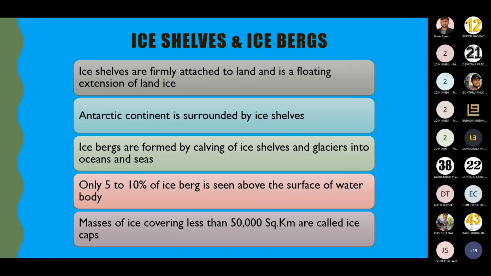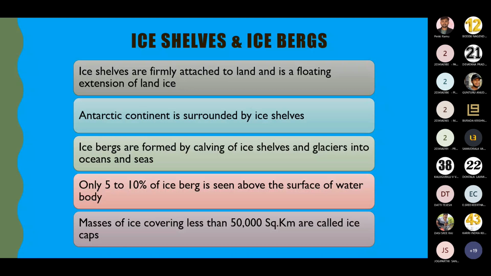So Antarctic continent is surrounded by the ice shelves, and icebergs are formed by calving of ice shelves. Calving means breaking of these smaller ice sheets. So if an ice sheet breaks, icebergs are formed. So icebergs are formed by calving of these ice sheets and glaciers into the oceans and other water bodies. Only 5 to 10% of the iceberg is seen above the surface of the water body.